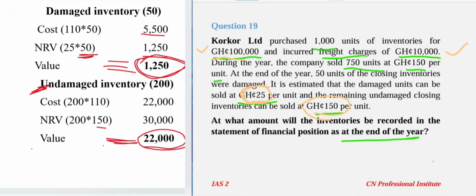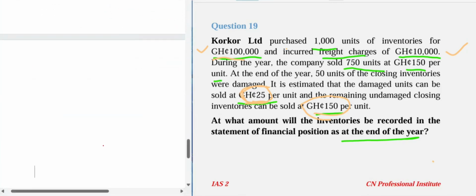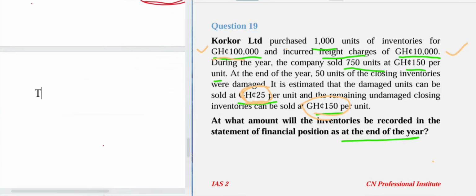As simple as A, B, C. So total value of inventory will be equal to the 1,250 plus 22,000.